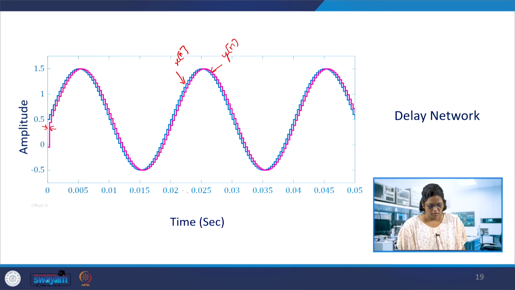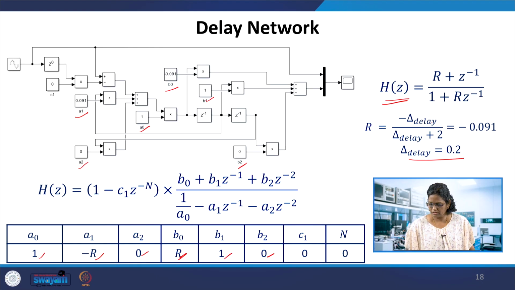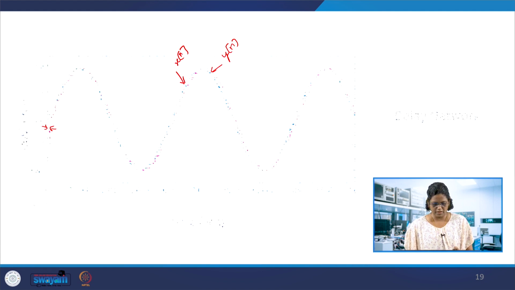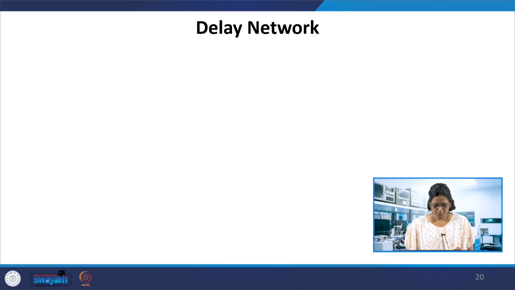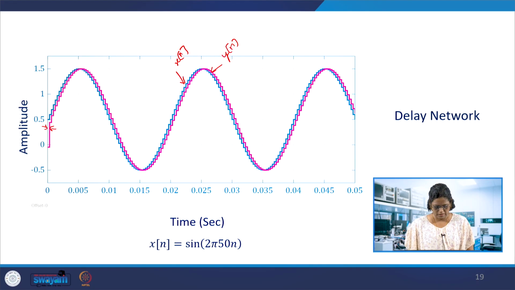The delay network is first order here, but it can also be second order or third order, and the expression for R would vary for those, and the network will change. It's a simple network to introduce a delay in the input signal. This is a 50 hertz signal which has 64 samples per cycle.